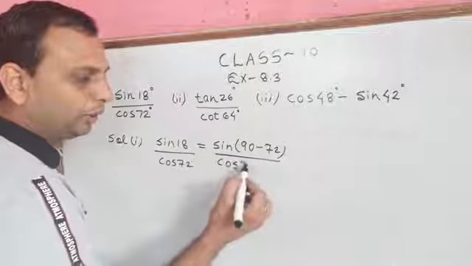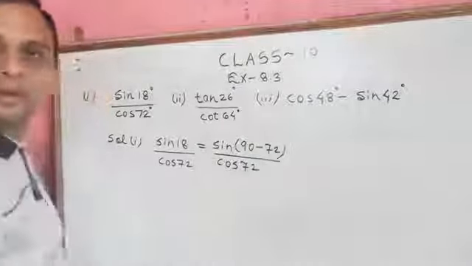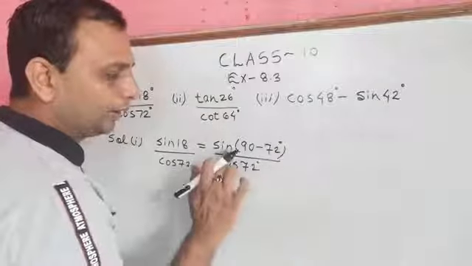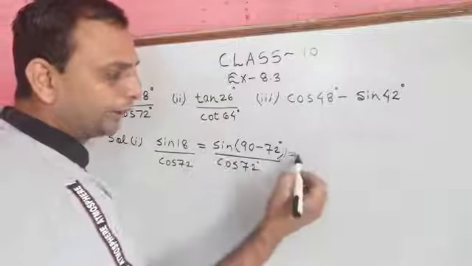I already told you we won't change both the angles. Now here you can see sin(90 minus 72) is equal to cos 72, because 72 is being subtracted. So cos 72 degrees upon cos 72 degrees is equal to 1.